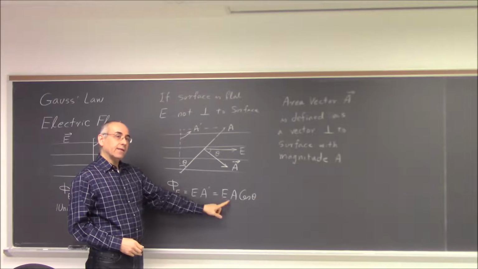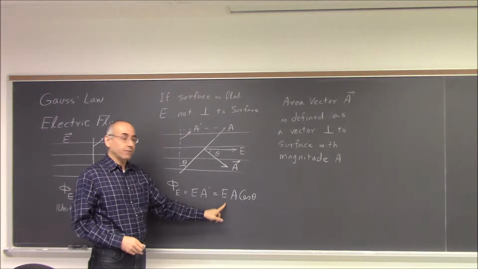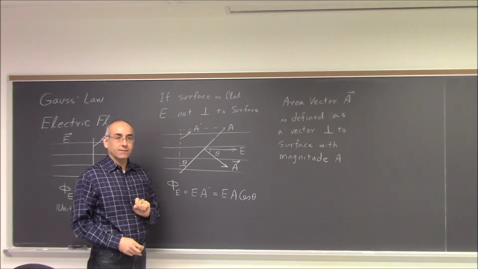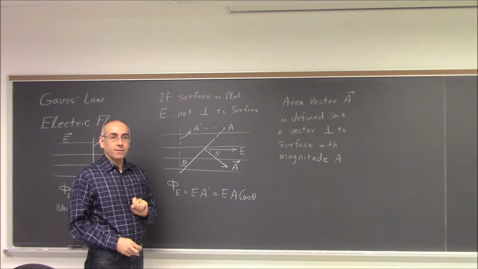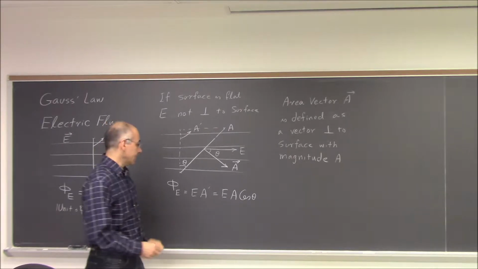If now you look at this, it should ring a bell. It has a meaning. What is E times A times cosine of theta? Does it ring a bell about vectors? The dot product, yes.